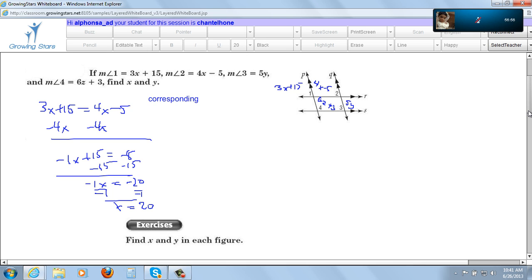Now come back to the question. We are supposed to find the value of x and y, correct? Now let us see which angle is y. So angle 3, correct?